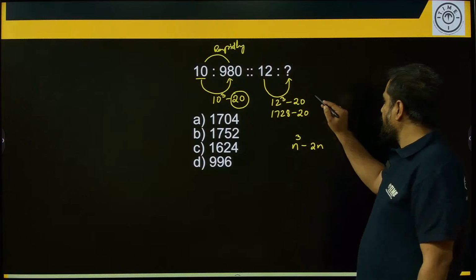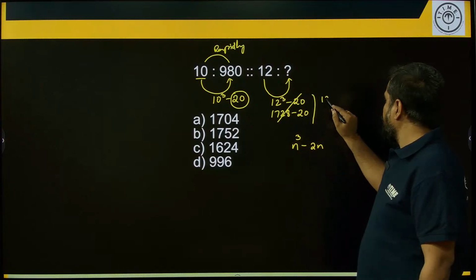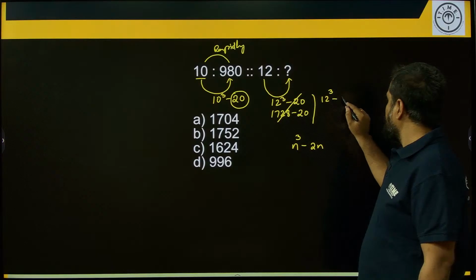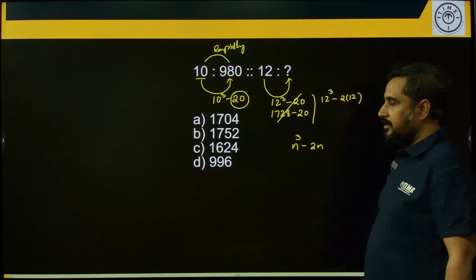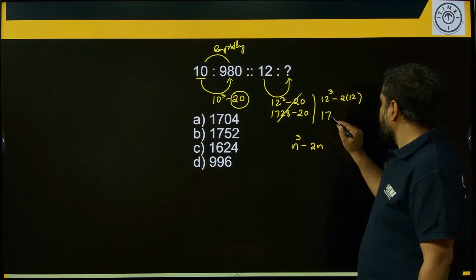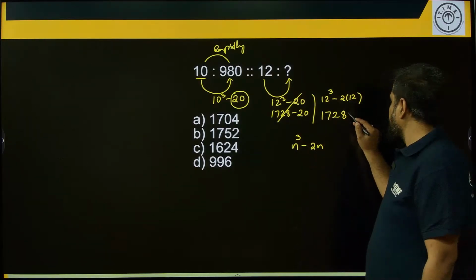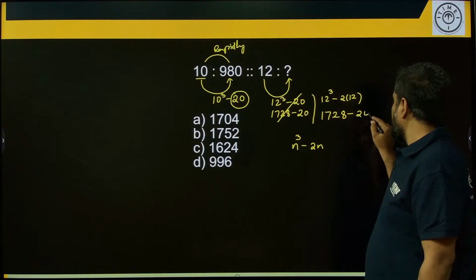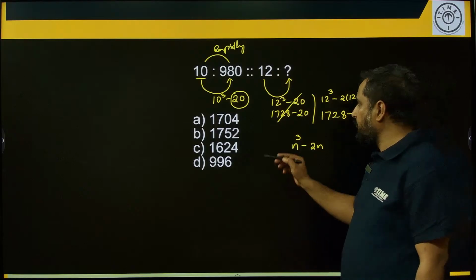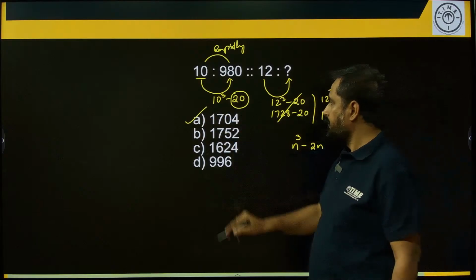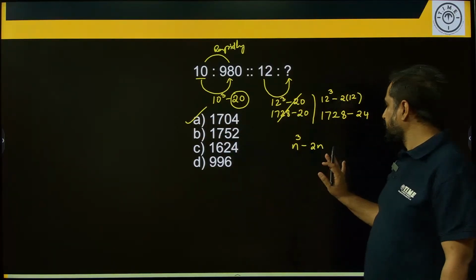Now applying the similar logic, 12 cube minus 2 into 12. 12 cube is 1728, minus 24. 1728 minus 24 is 1704. It is choice A. Right? Very tricky one, right? Now, let's move to the next question.